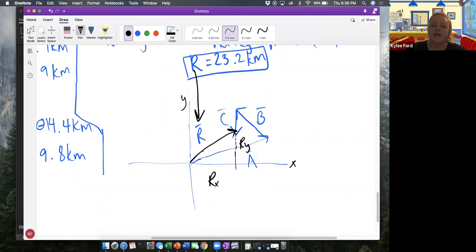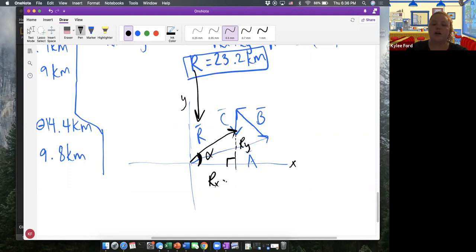The direction is given by that angle that we've been looking at a lot, theta. I'm going to define this angle as alpha, just another Greek letter. That's going to tell me which direction my R, my resultant vector, is in.